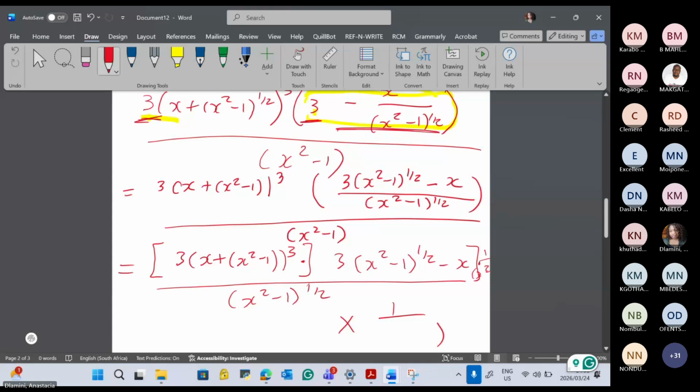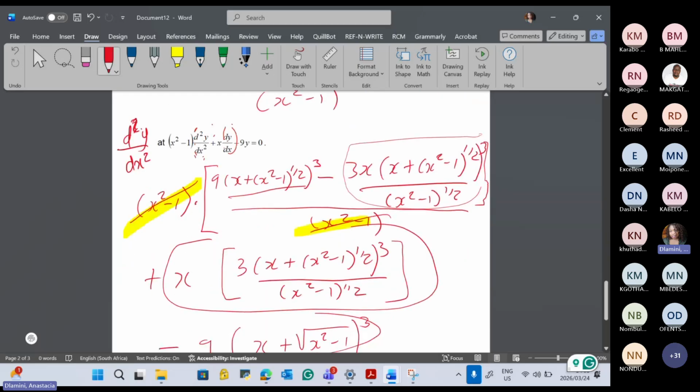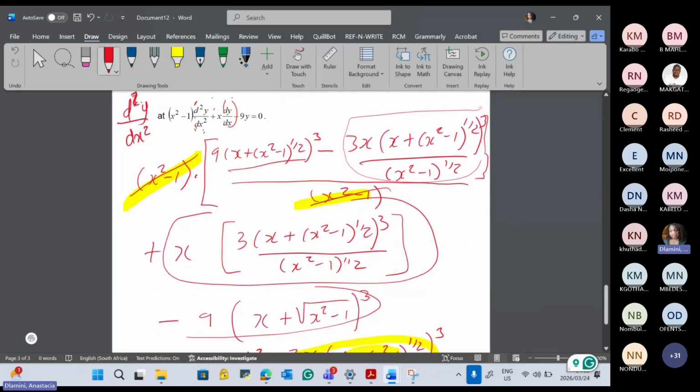Then I noticed that it cancels the denominator, so I will only deal with the top part. Once I cancel the denominator, it is easier to simplify. Luckily, I noticed that these terms are the same, so they cancel each other and give us a 0.